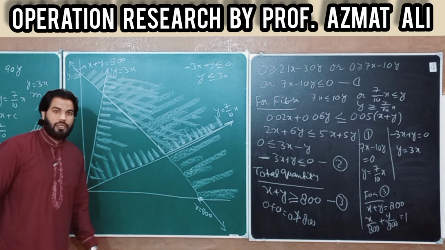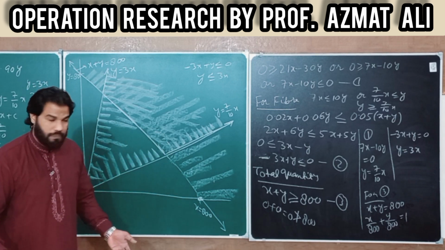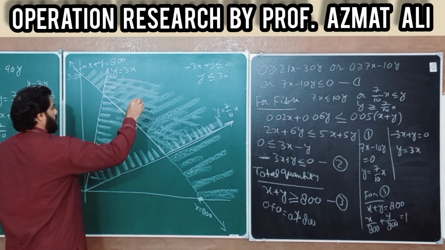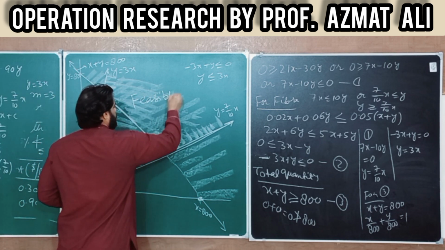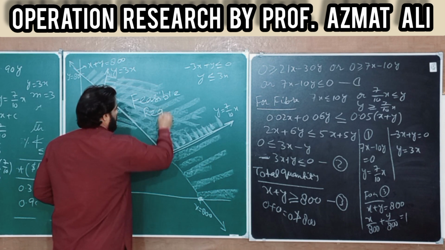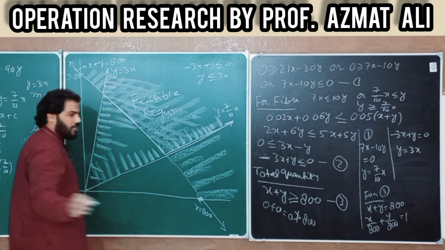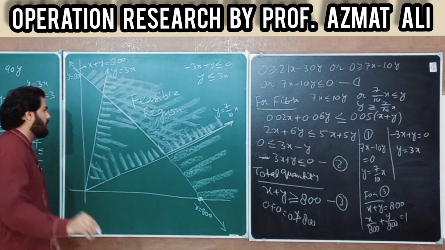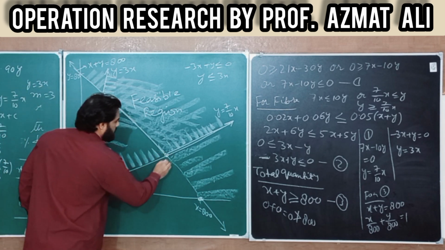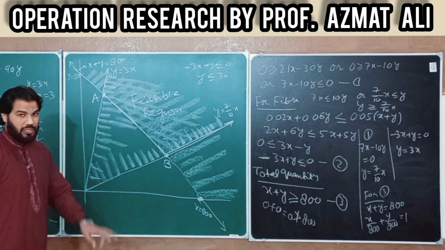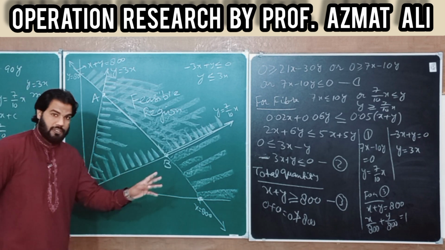Unbounded feasible region means that it cannot be enclosed in a closed figure. So the corner points are one is A, second is B. There are only two corner points in this case.